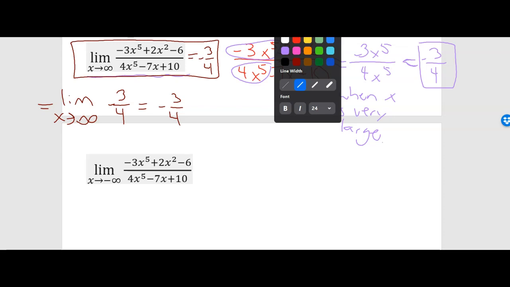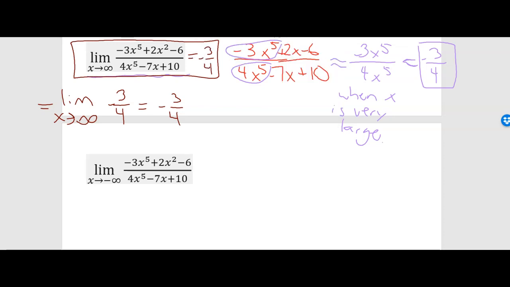All right, let's look at the limit as x approaches negative infinity. I'm not going to do all the work down here again, because it's going to be the same, but I will rewrite the limit. So the limit of the black function is equal to the limit as x approaches negative infinity of negative 3/4, right? Because we just showed that negative 3/4 is approximately equal to the black function when x is very, very large.